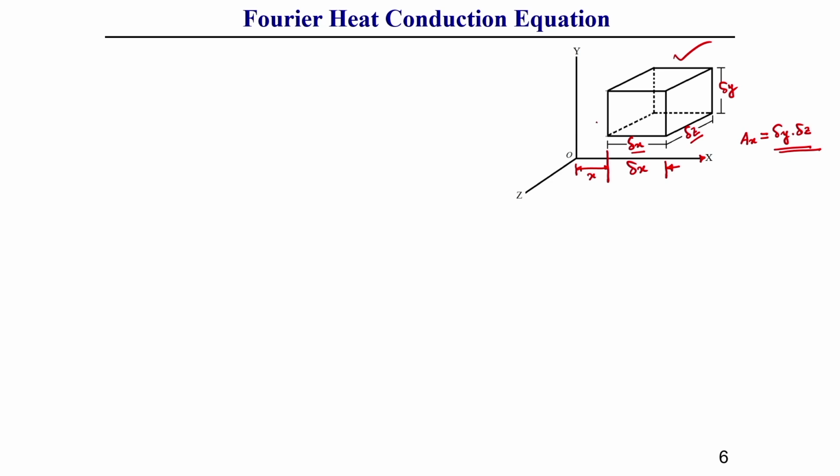Let us consider heat is entering in this face and it is coming out from the other face. Whatever heat flux is entering I am representing as Qx, and the heat which is coming out in the other face I am representing as Qx plus delta x.